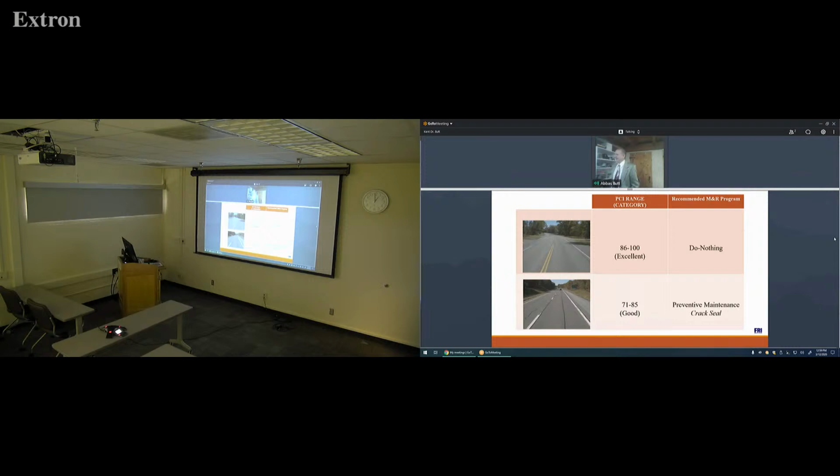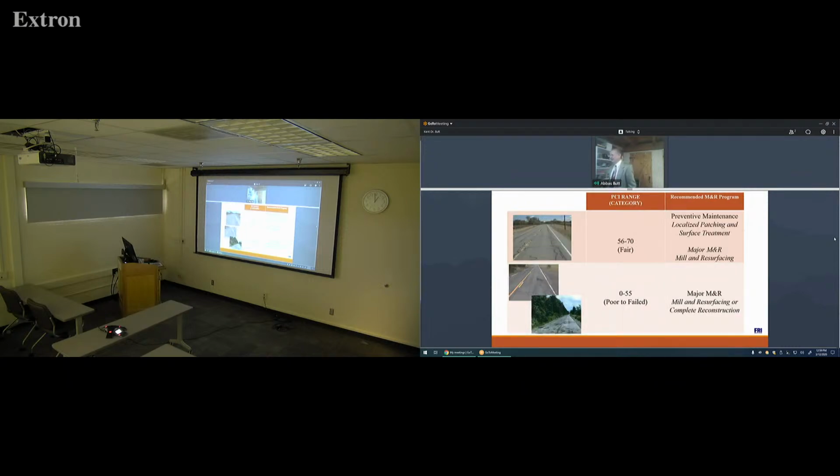And if the PCI is in fair condition, in other words, 56 to 70, those pavement segments may be candidates for major rehabilitation or preventive maintenance also. But when the PCI falls below 55, pavement is in poor to fair condition, then we have either resurfacing, mill and resurfacing, or complete reconstruction.